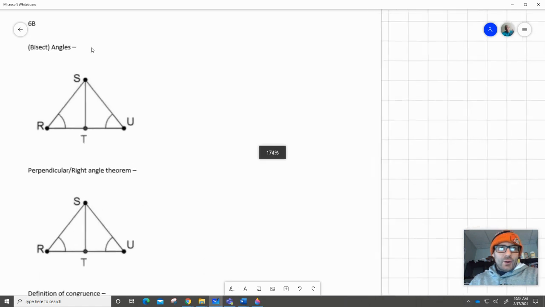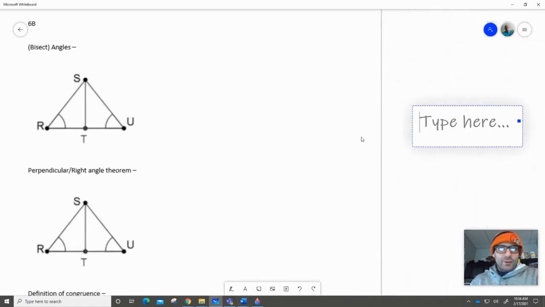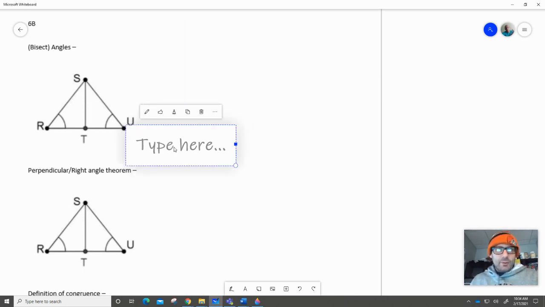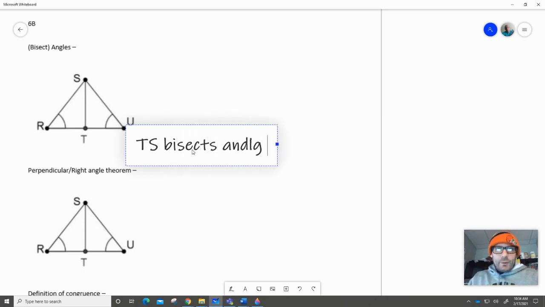I'm not going to redo the definition of bisect up here, but let's say they give us down here TS bisects angle RSU.